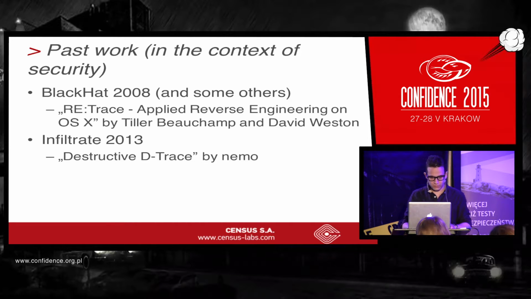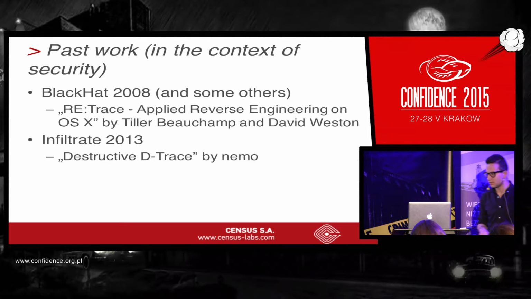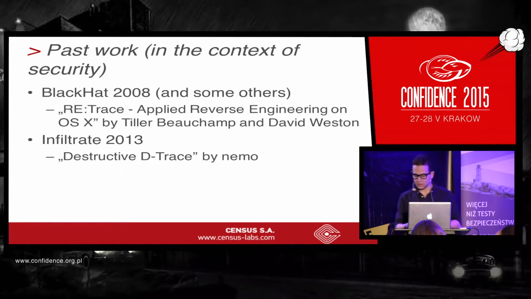Past work. Black Hat 2008. Tiller and David introduced the framework Retrace, where they showed some applications of DTrace to vulnerability research, but it was pretty simple. They just caught some stack-based buffer overflows and some basic heap stuff.